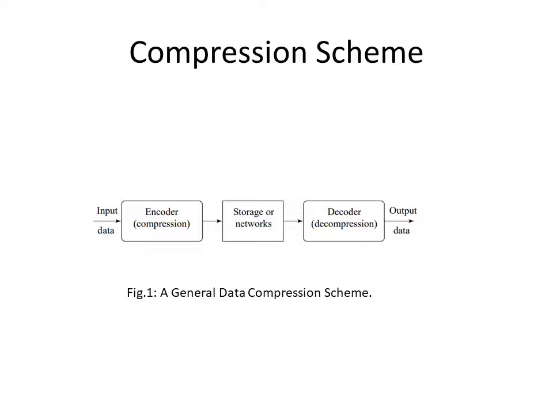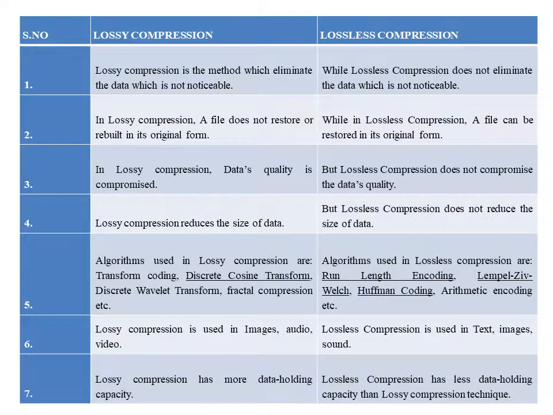So if you are on networks, then the encoder will be on your sender's side, and the decoder will be on the receiver's side. So next let's study lossy compression, and the difference between lossy compression and lossless compression.